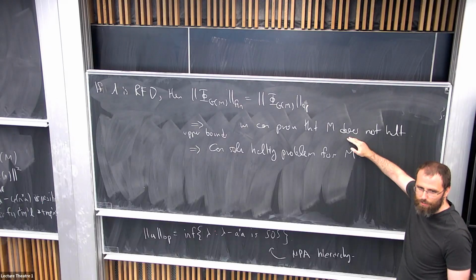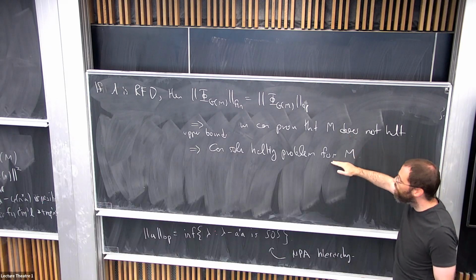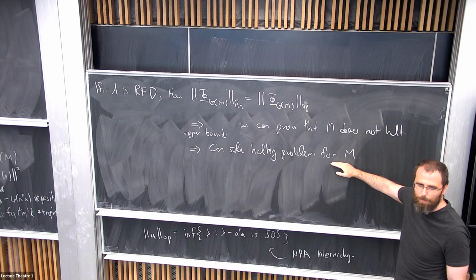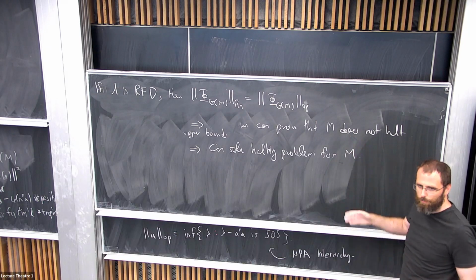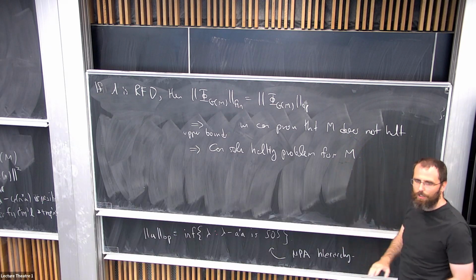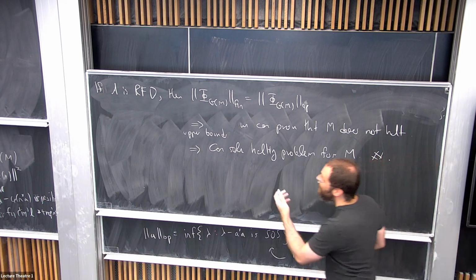If we find an upper bound that's less than 1, we know it does not halt, and we can stop running the Turing machine. And then if it halts, we know it halts, and we stop computing the upper bounds. One of those two is guaranteed to finish, and we've computed the halting problem for that. So that can't happen. So A is not RFD.